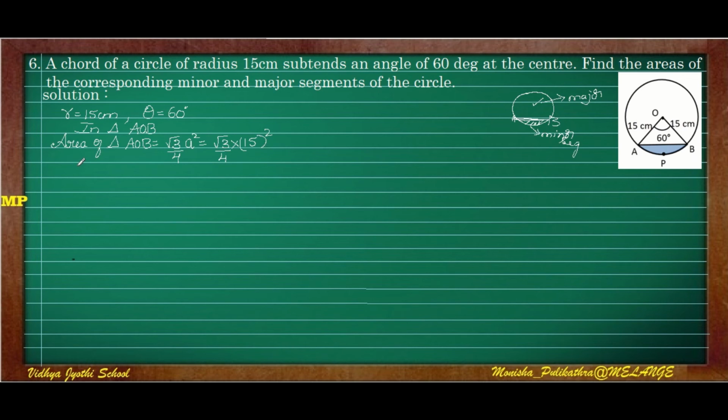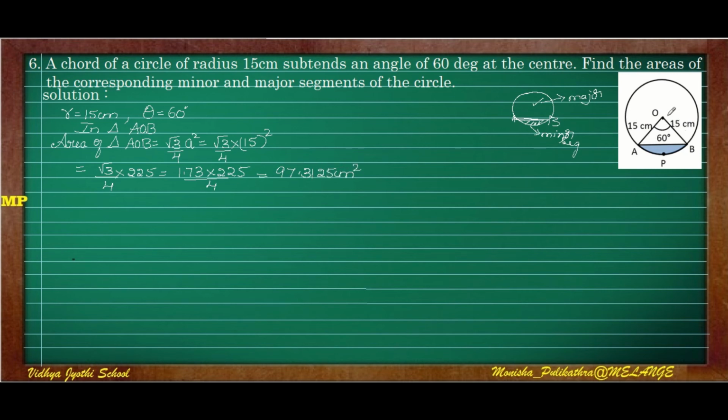Side is 15, so root 3 by 4 into 225. The root 3 value is 1.73, into 225, divided by 4. So here we will get 97.3125 centimeter square, which is the area of the triangle.